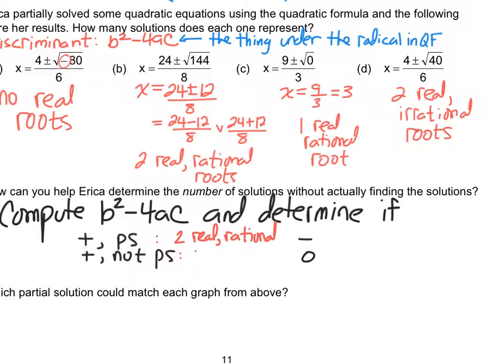Positive, not a perfect square, two real irrational. Negative would be no real roots. And 0 would be one real rational root.